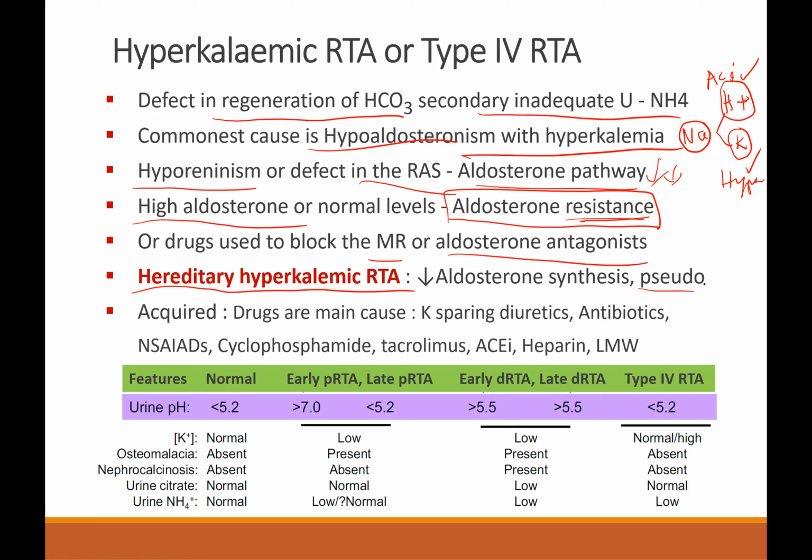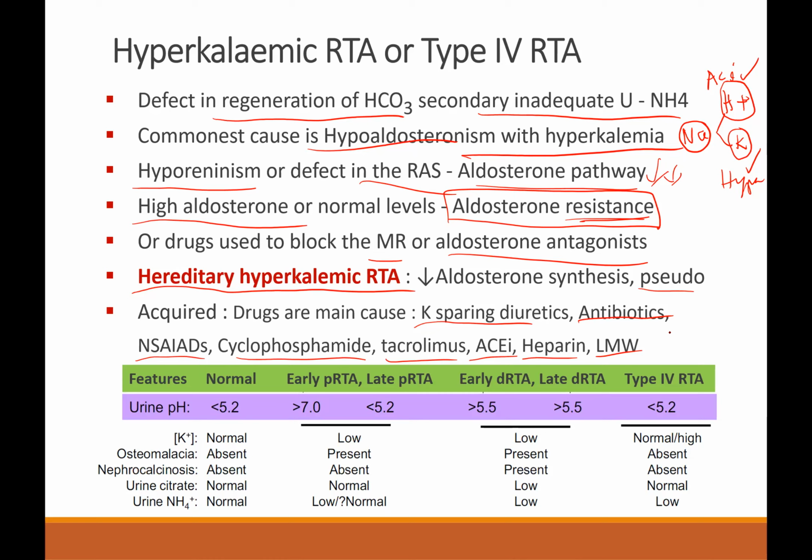Drugs that are used: potassium sparing diuretics, antibiotics, NSAIDs, cyclophosphamide, tacrolimus, ACE inhibitors, heparin, low molecular weight heparin. So these are some of the drugs which are associated with hyperkalemic RTA or type 4 RTA, which is very different from type 1, which is different from PRTA, which is type 2, DRTA, which is type 1, wherein we have hypokalemia, here we have hyperkalemia.